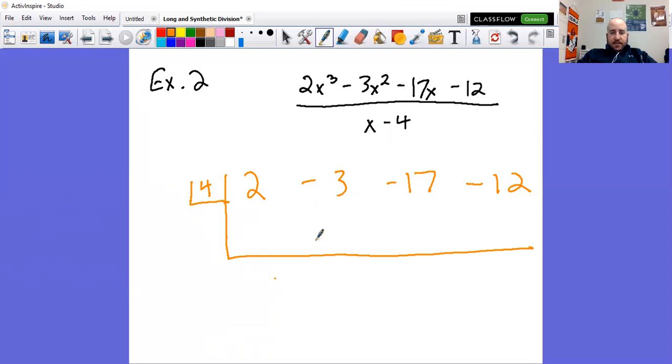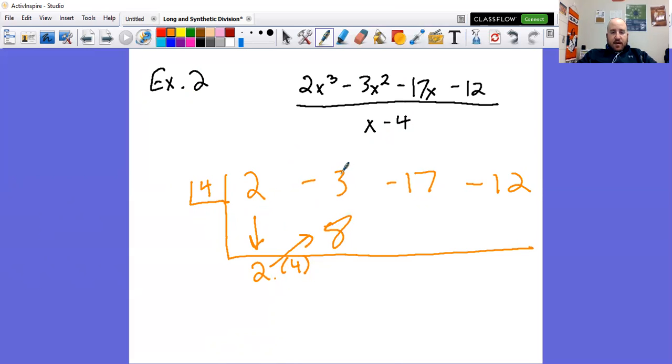And then we just start the process of long division. There's only this one number, so I don't have the second number underneath yet. So this 2 is going to drop all the way below. Then I'm going to carry it to the next column while multiplying it by 4, which gives me 8. That's step 4 to start the process.